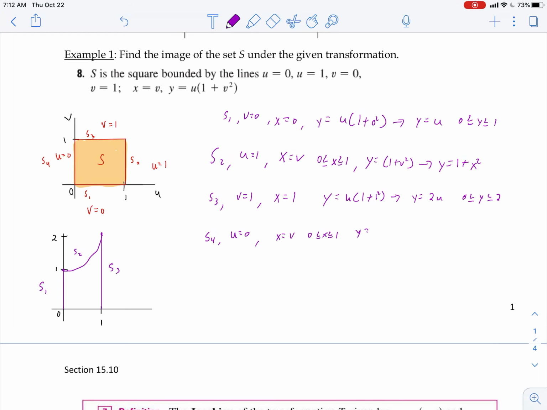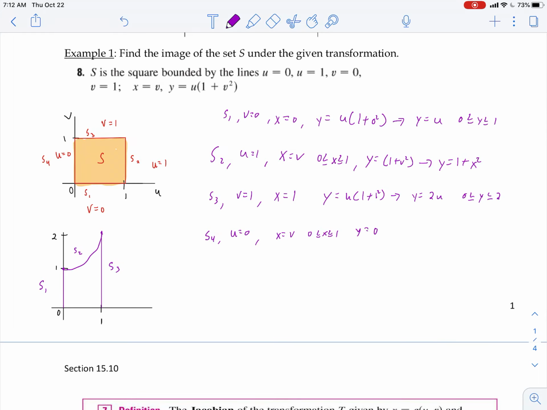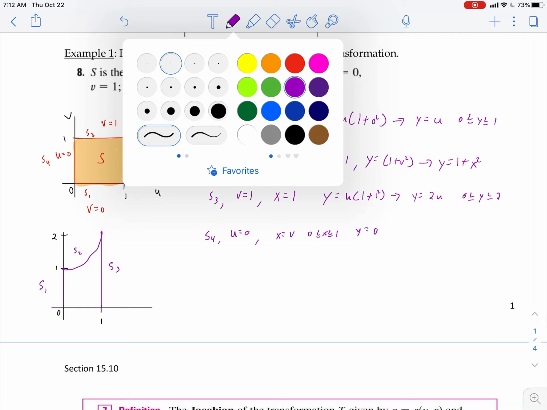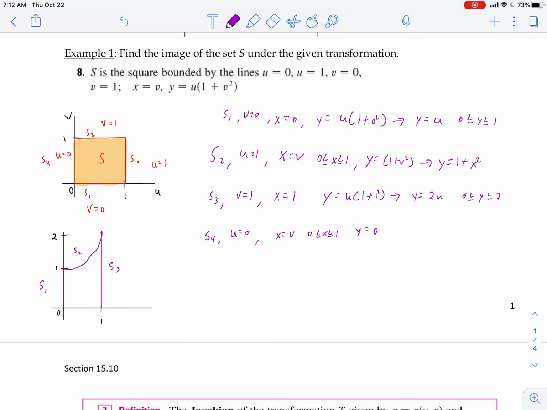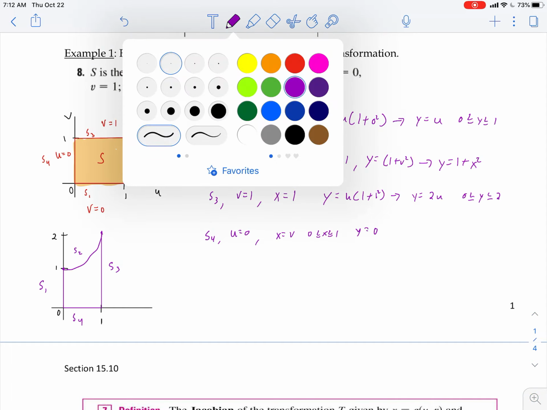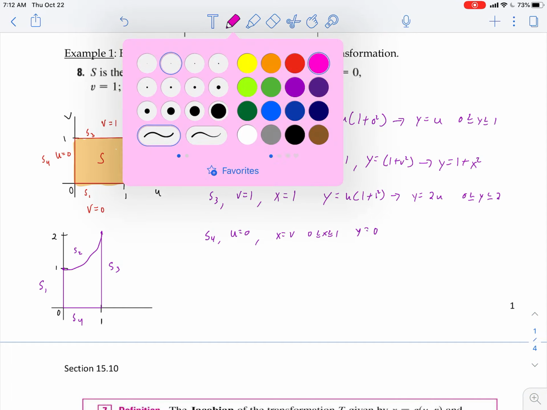But if u is 0, then y is just going to equal 0. And so there's our equation for the final: y equals 0, and we're going between 0 and 1. So that's S4.